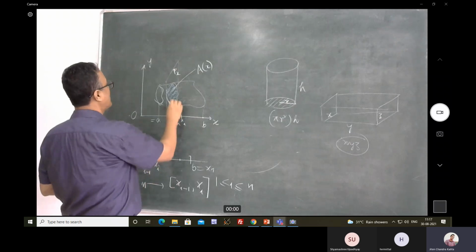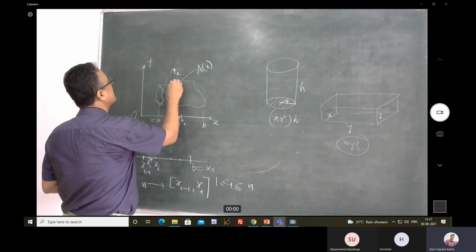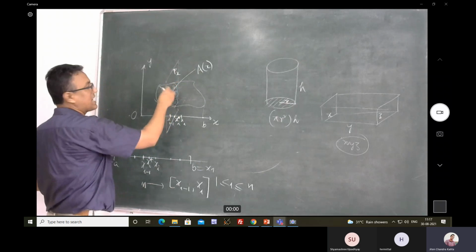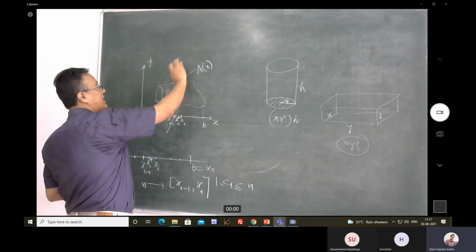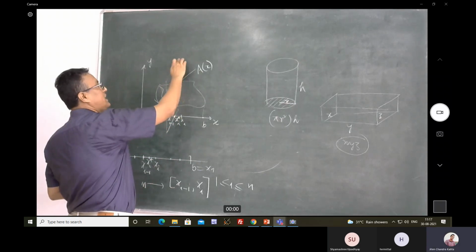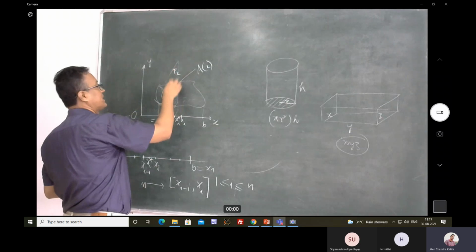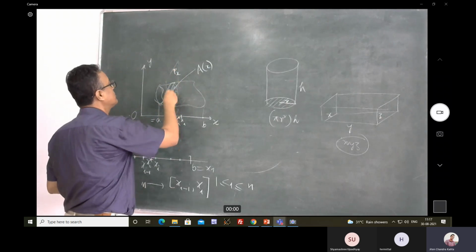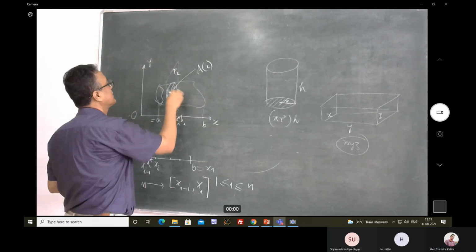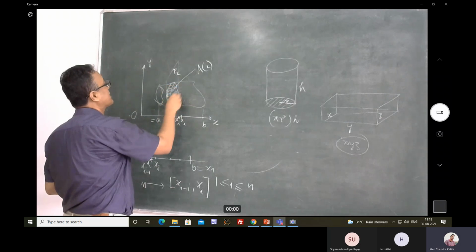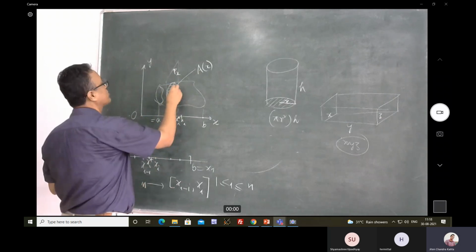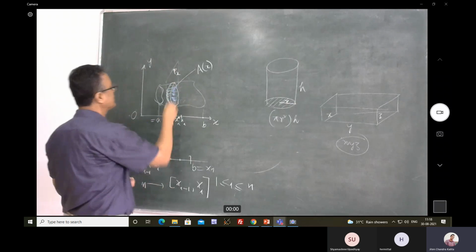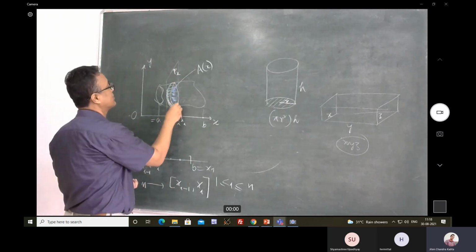So what is going to happen in this interval? If I take a slice by a plane parallel to this Px, it is going to take out a slice like this, isn't it? Is it okay?